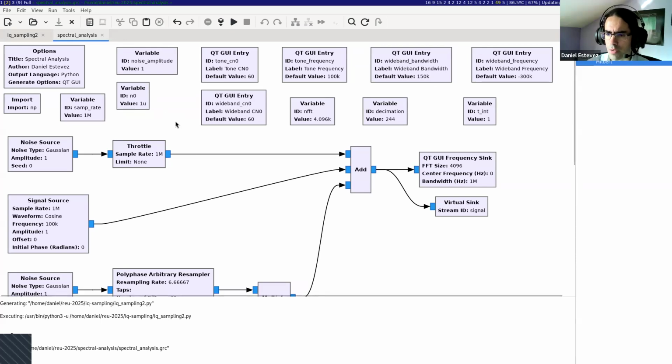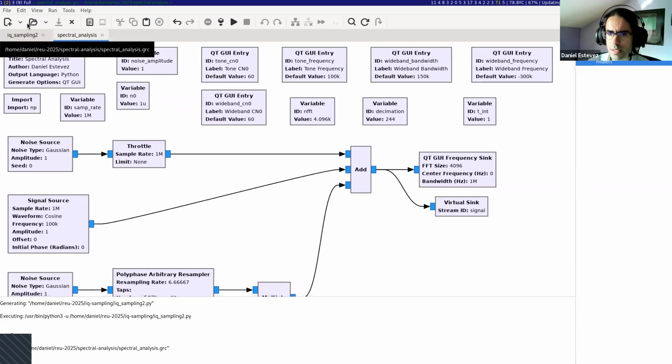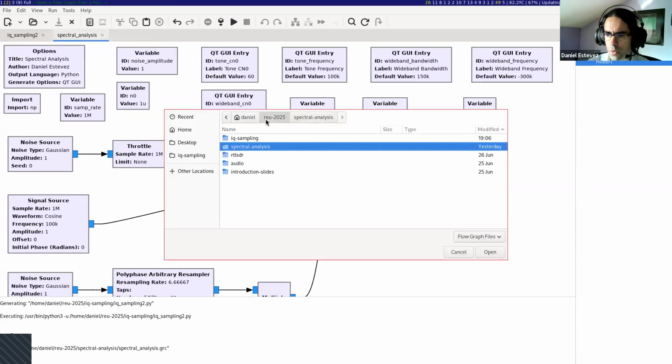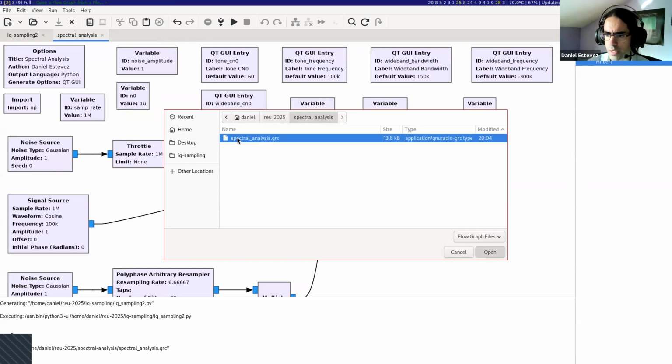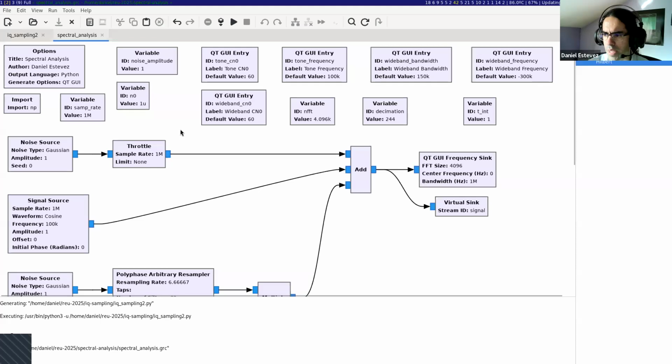For this part of the tutorial, I'm basically going to use the spectral analysis flow graph, which is on the GitHub, RU 2025, spectral analysis GRC. In the interest of time, I'm not going to put everything together.